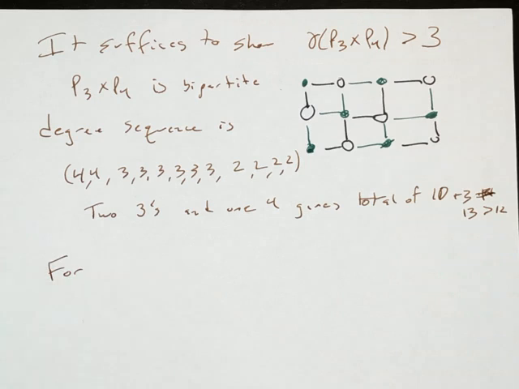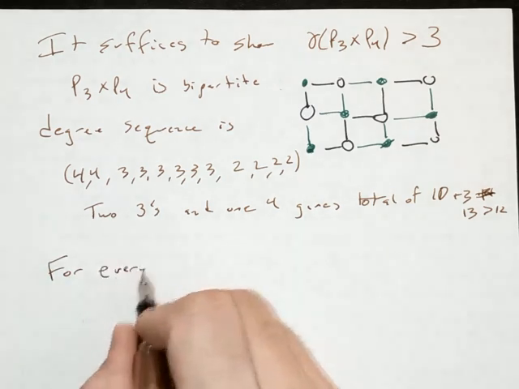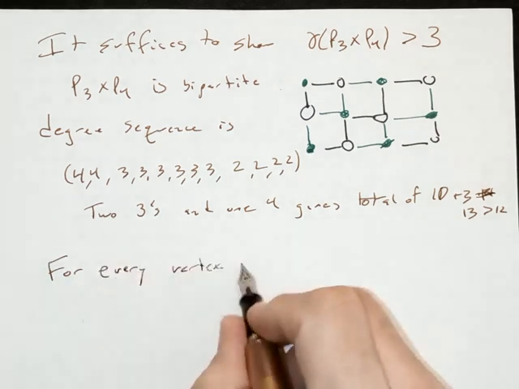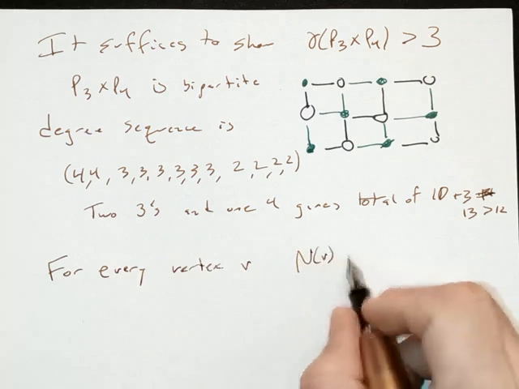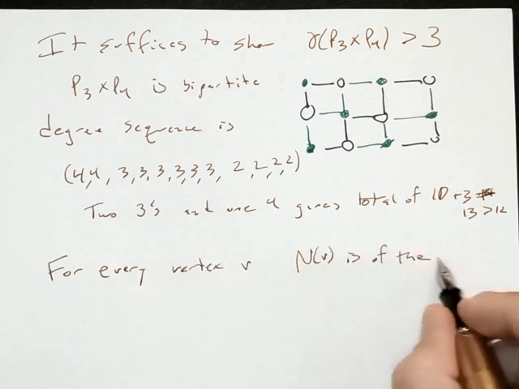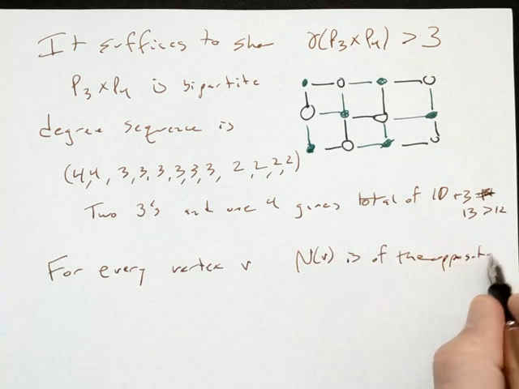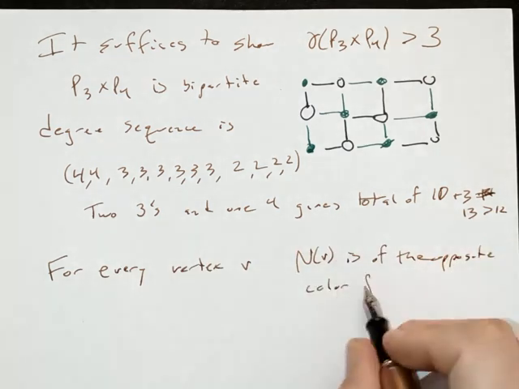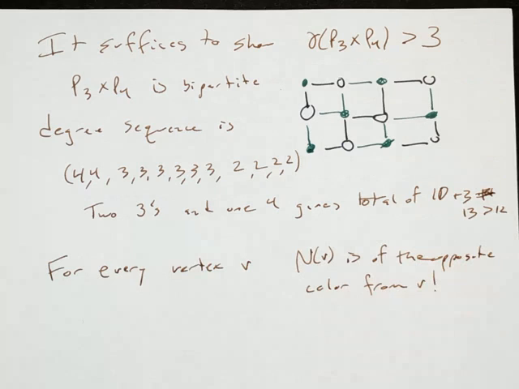They're only adjacent to the opposite color. So, if I had a dominating set of 3 vertices, 3 is odd, 2 of them have to be the same color.